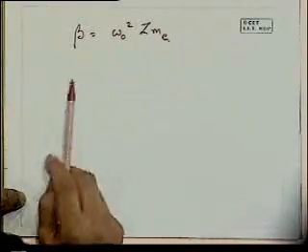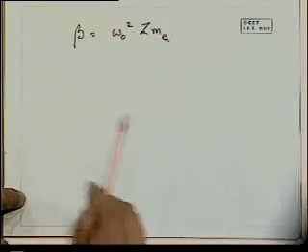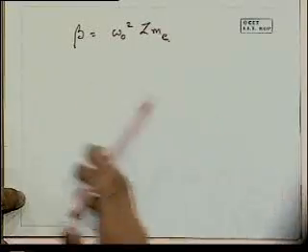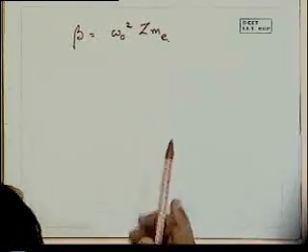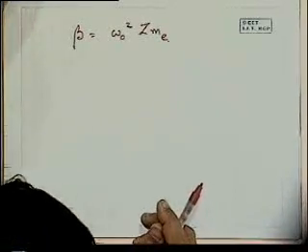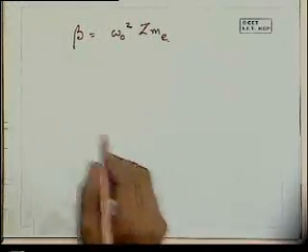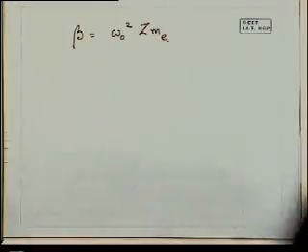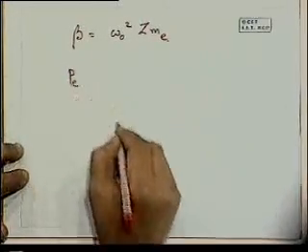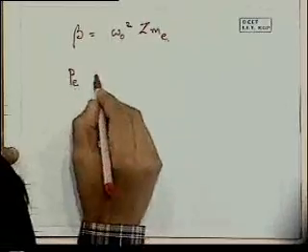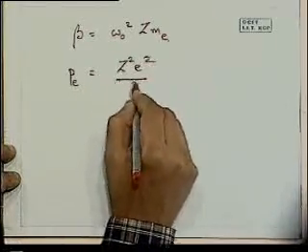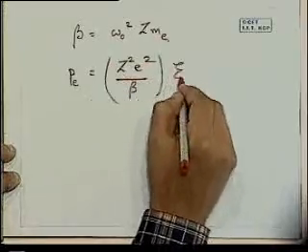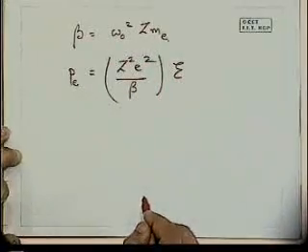And as I mentioned, these oscillations eventually die out because the charge that is in motion is radiating energy, and so gradually the oscillations die out with time. So now going back, I can write what I had as an expression for polarization or the dipole moment as Z squared e squared by beta times E. This is what I had.